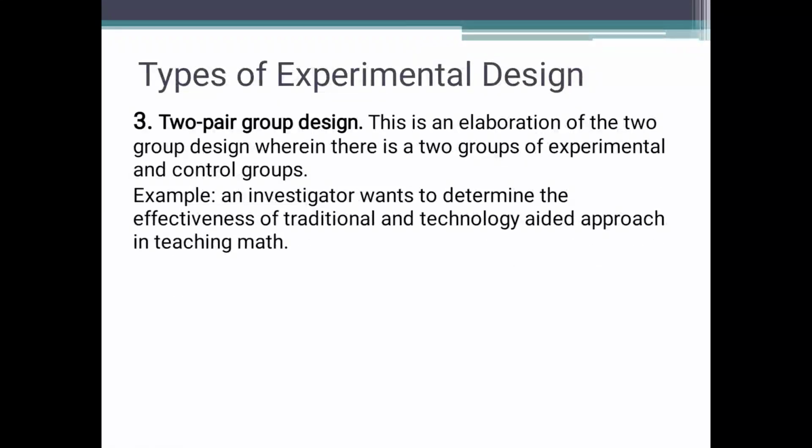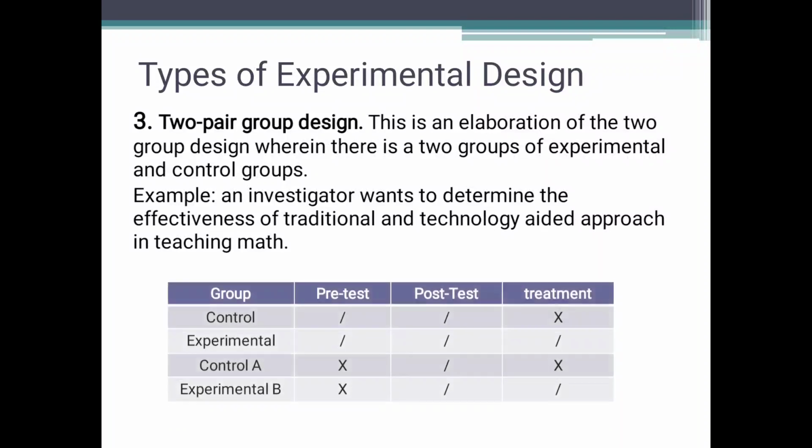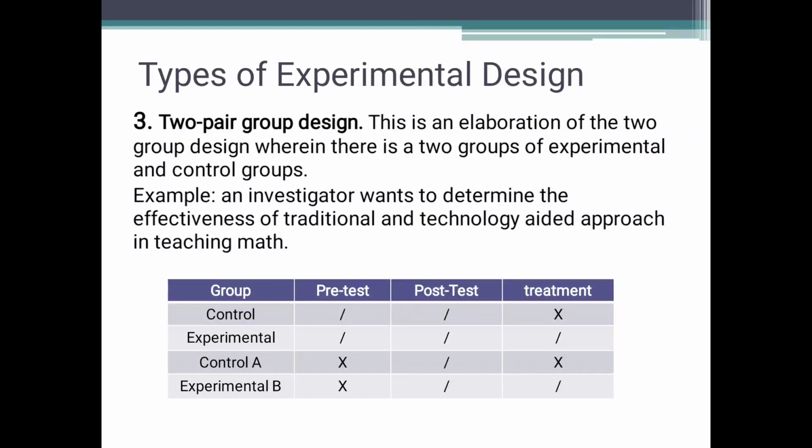Okay? So, the other type of experimental design is two-pair group design. Kung saan, ang ginagawa natin is ine-extend natin yung two groups kanina. Meron pa tayong idadagdag na another group of experimental and another group of control.